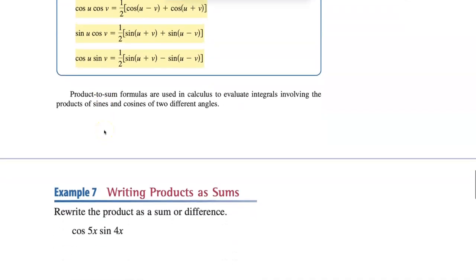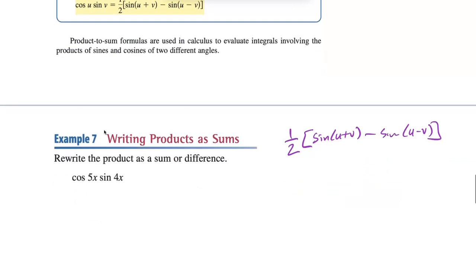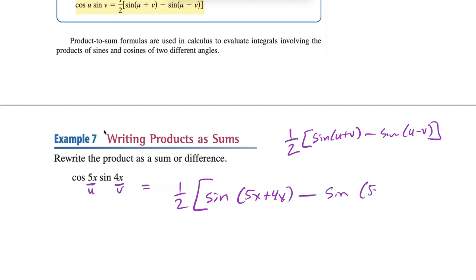So that formula is 1/2 times sine of u plus v minus sine of u minus v, where this is my u and this is my v. We're just going to substitute it in. So 1/2 sine of 5x plus 4x minus sine of 5x minus 4x.